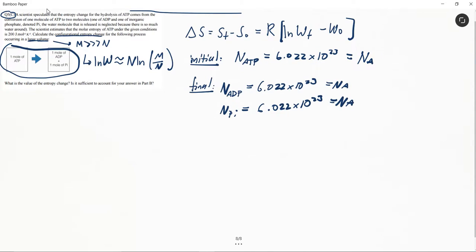So the molecules we're dealing with are all equal to Na. With the final system, since this is such a large volume, we can assume that the molecules of ADP are independent of the molecules of PI. So W final is equal to W of ADP times W of PI.